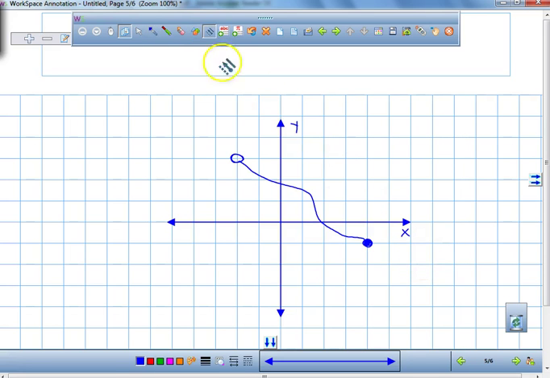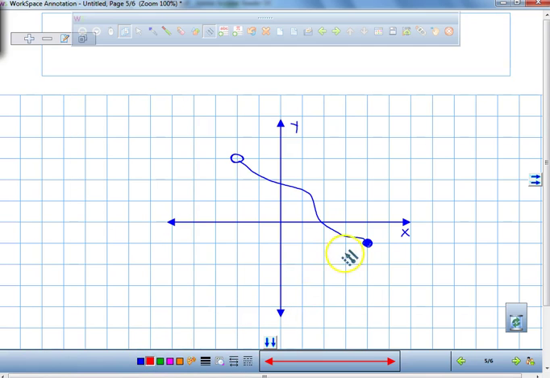It could be a straight line connecting it. But right now, just make a graph with an open and a closed circle. Just make sure this is your highest point and that's your lowest point. Over here, make sure that's the least point and that's the greatest, because we're going to talk about the domain.